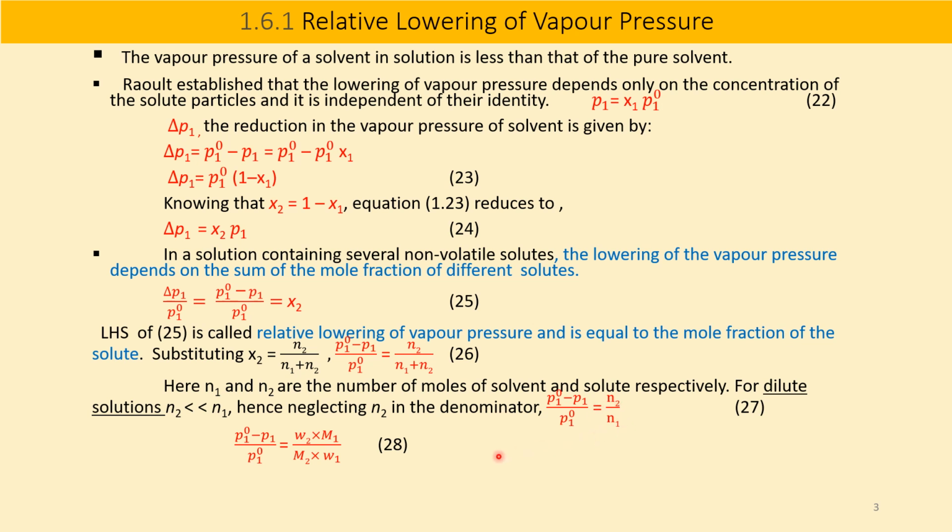Putting these values, we get equation 28, that is (P1 naught minus P1) divided by P1 naught is equal to W2 by M2, and n1 is W1 by M1, and M1 goes to the numerator by rearranging.